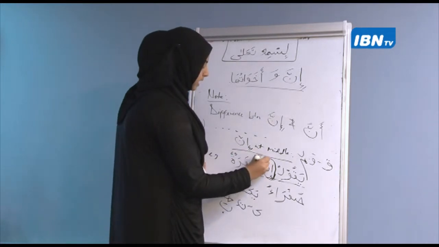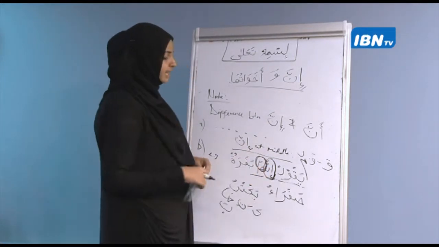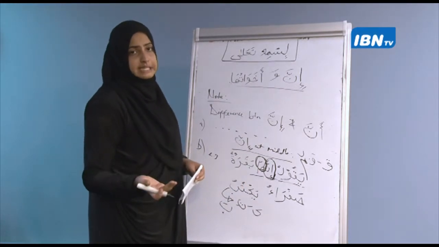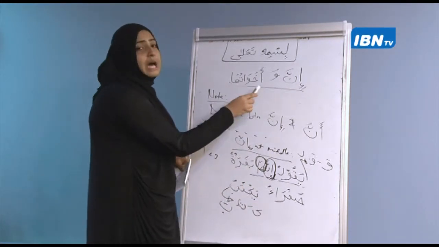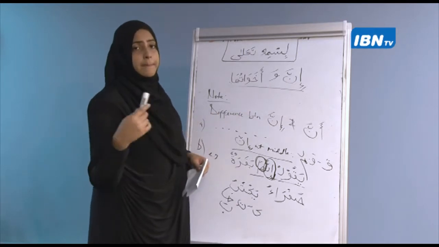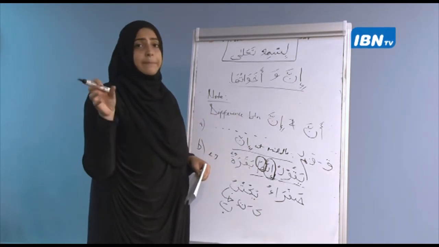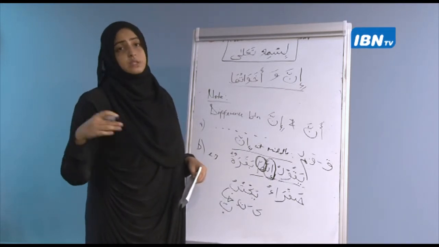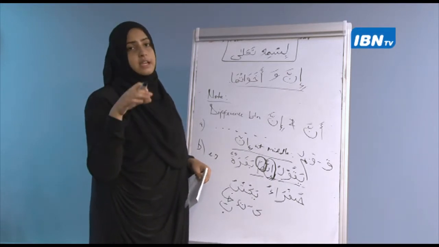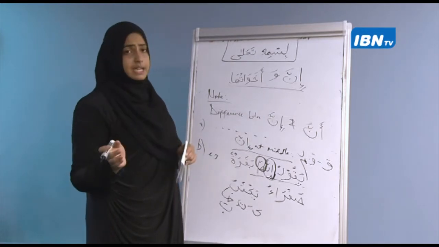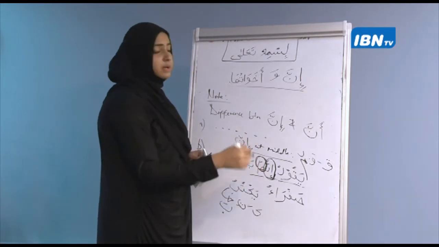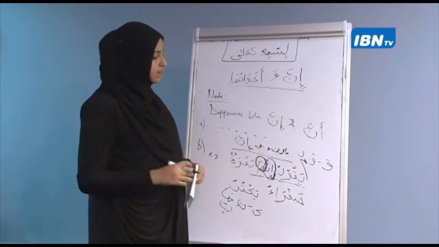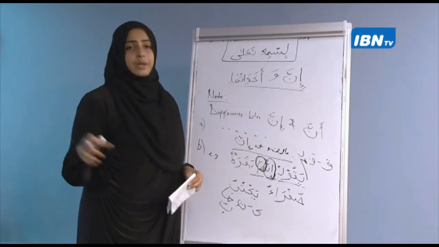I said sometimes it can be used for her. For example, saburatuha, meaning her blackboard. But depending on the context of the verse or the sentence, sometimes ha refers to her, like qalamuha, her pen. But sometimes it refers to it.